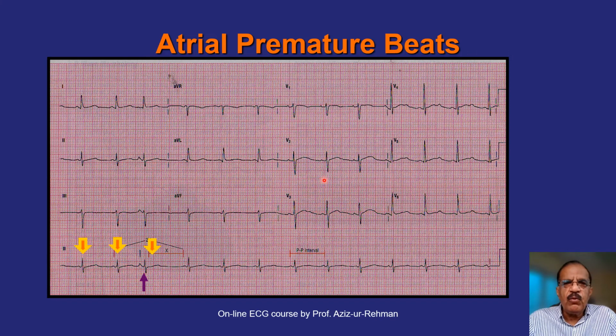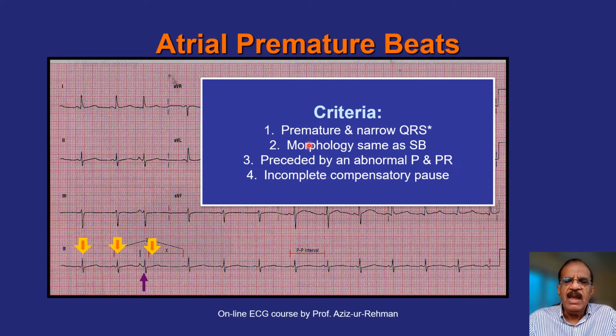Now let me give you the criteria for atrial premature beat. Of course, the basic rhythm is sinus. So a beat which is premature and narrow. Okay, so this is premature and narrow as the sinus beat. Now, why this asterisk?